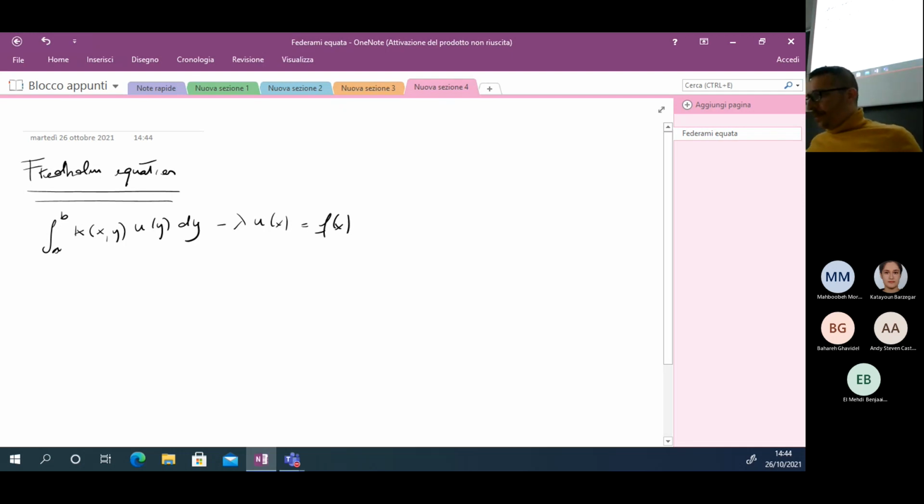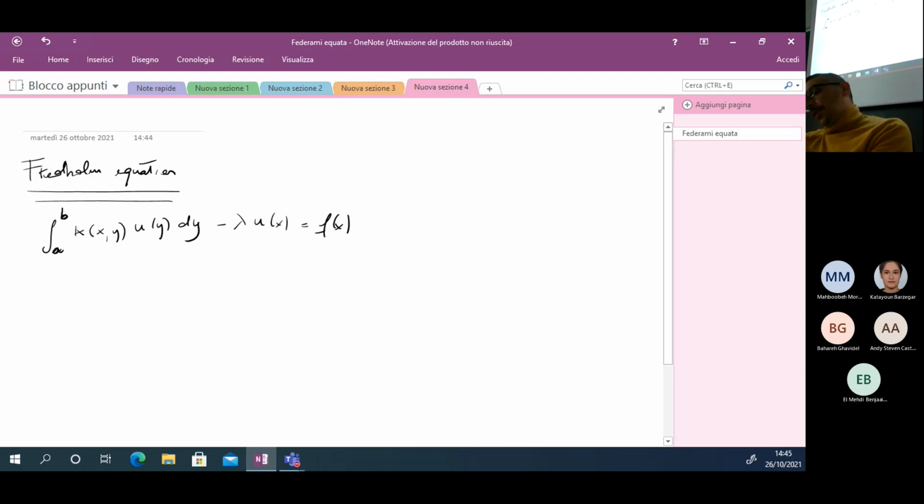So basically the difference with the Volterra equations was that this limit of integration is a constant for the Fredholm equation, while for the Volterra equation it is a function, it's x.